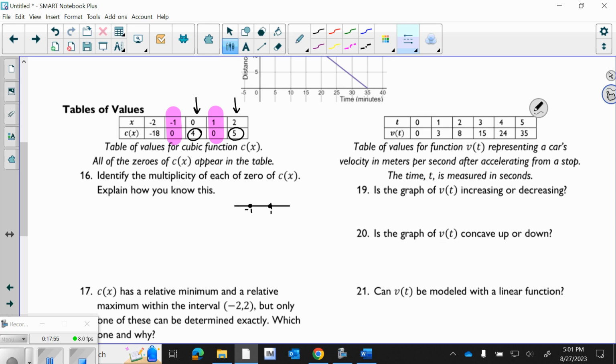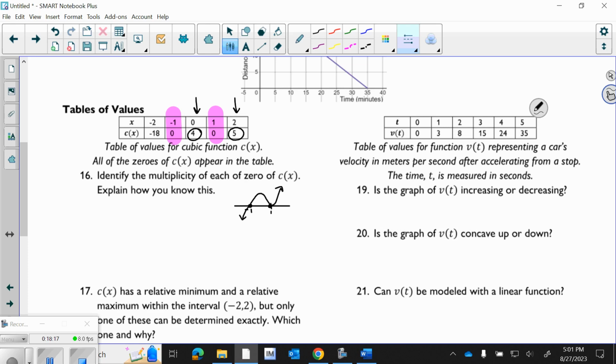And so what you can do is talk about, like, where am I? So at -2, I'm in the negative region, and then I cross, and now I'm in the positive, I touch, and I remain in the positive. So that might help you with identifying your multiplicity, but you can do it on that table alone.